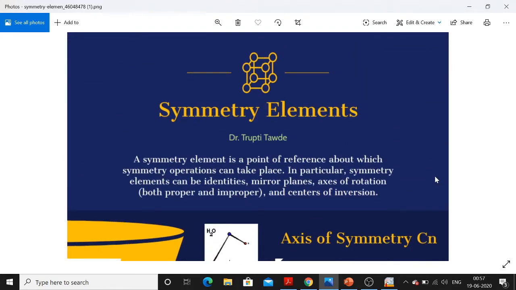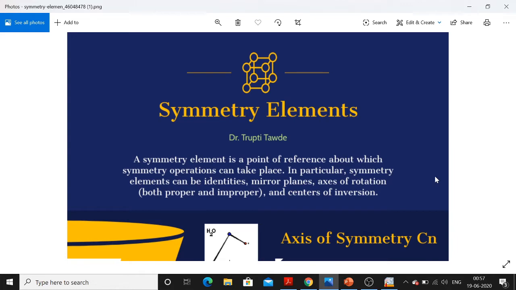Symmetry elements are the different points of reference, or these are the simple operations that we carry out on the molecule to find out whether it is having any kind of symmetry or not. Now, what are these operations? That may be a rotation, a reflection, a center, or a combination of rotation and reflection that we call the alternating axis of symmetry.